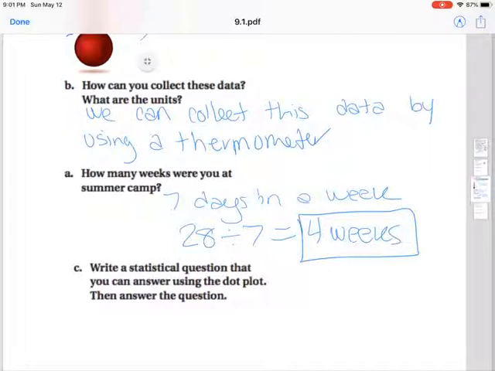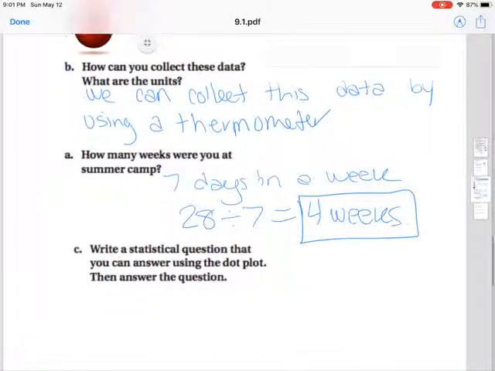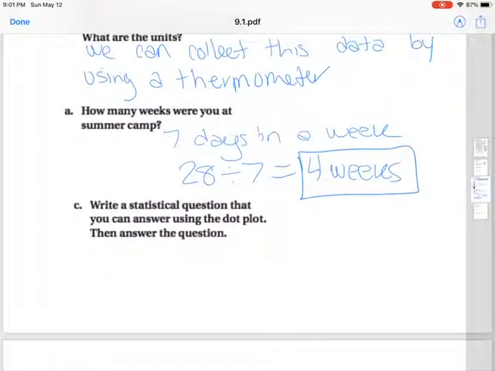All right, our last question, it says, write a statistical question that you can answer by using the dot plot, and then answer that question. So let's just think of one. So if I was looking at this dot plot, one possible question I could ask would be, what was the daily high temperature in August?